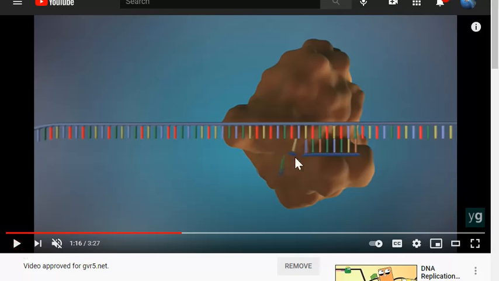This enzyme is called RNA primase. RNA primase has the ability to just hook on to a single strand of nucleotides, which is what this is, and start attaching nucleotides. But the thing about RNA primase is these nucleotides that it's matching up to the DNA template parent strand are not DNA nucleotides.